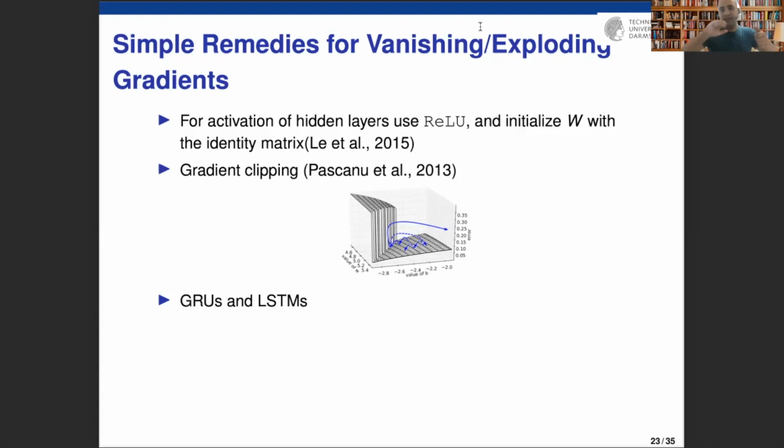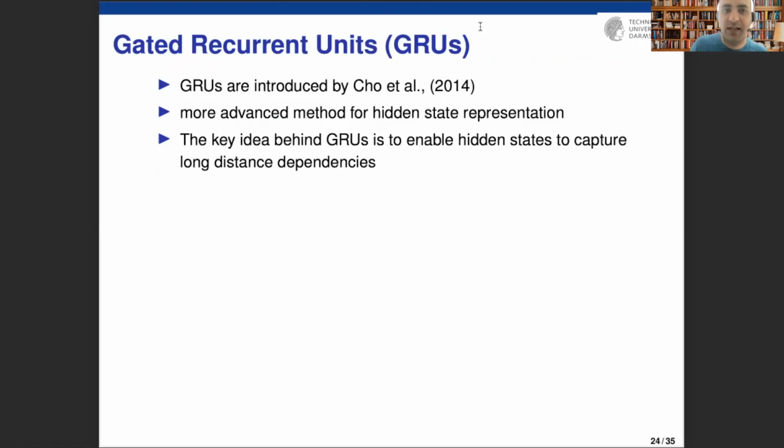So if we can somehow disturb these long relations, and instead of capturing the relation between all sequences, we let the model learn which step is more important to be captured for representing the current step, then we can deal with this vanishing problem, which defines GRUs and LSTMs. Let's start with GRUs, or gated recurrent units.